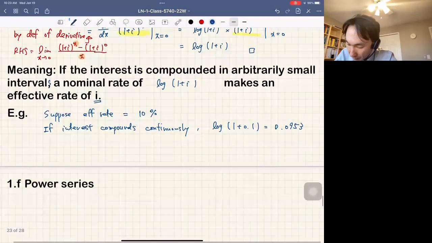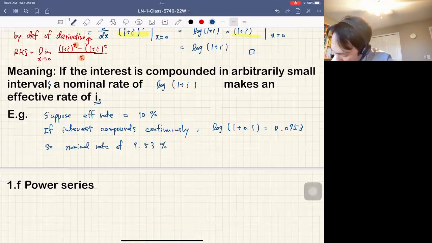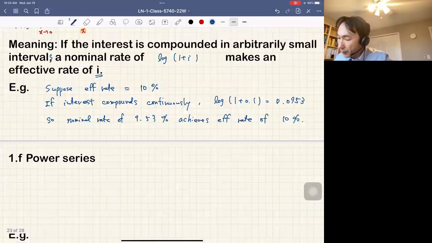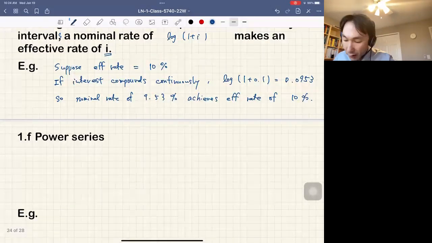So a nominal rate of 9.53% achieves an effective rate of 10%. This is the relationship between the force of interest and the effective rate.